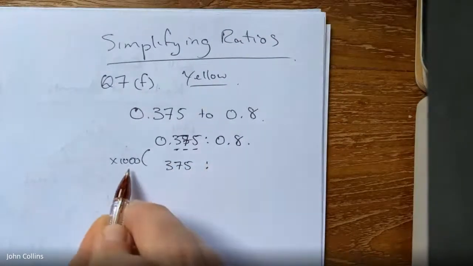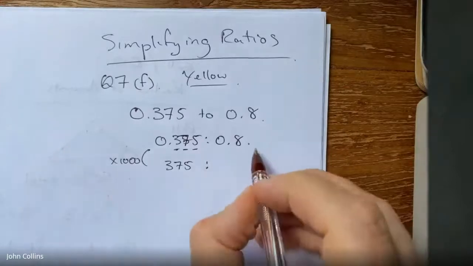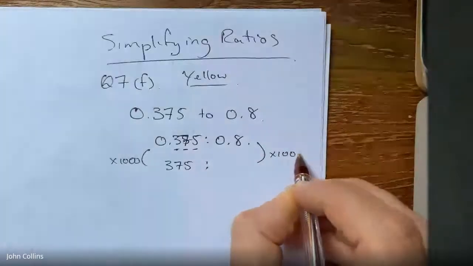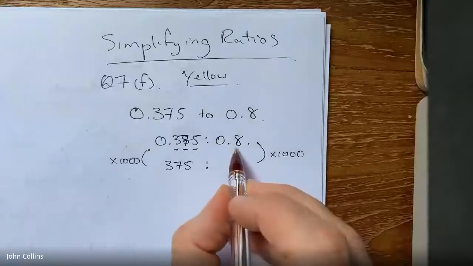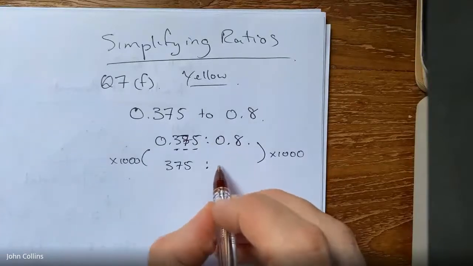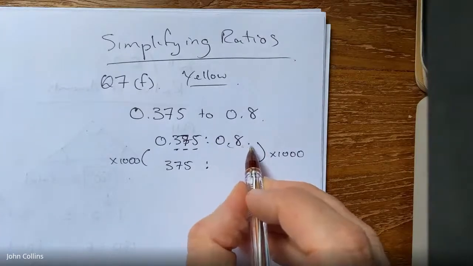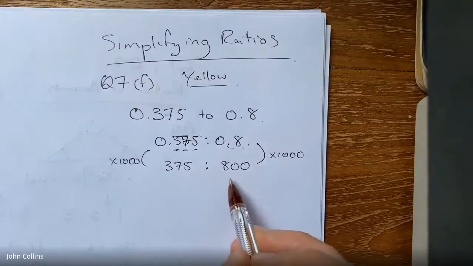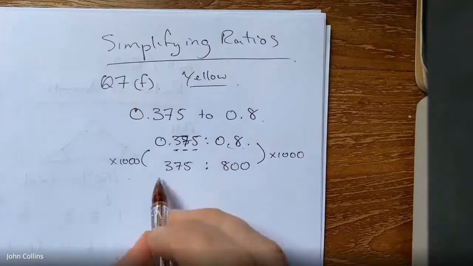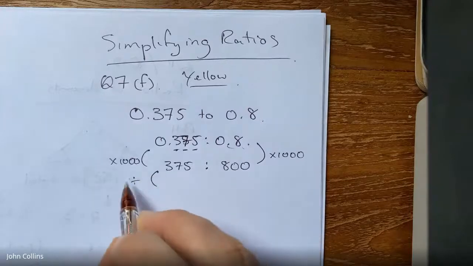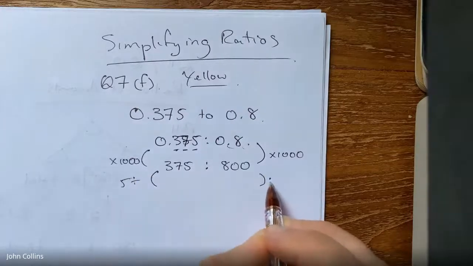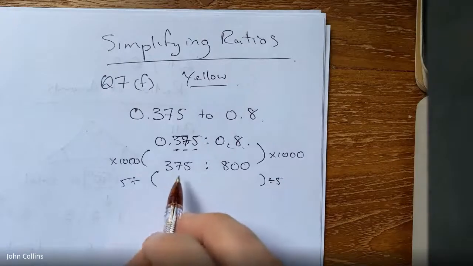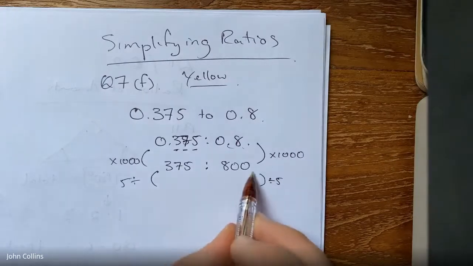Now, it's not okay that I multiply just one side of the ratio. I must multiply both sides of the ratio by 1,000. So 0.8 by 1,000 gives me 800. Now that's an easier starting point. So I'm going to divide by 5 and divide by 5. That's a definite one that goes into both of these because it ends in 5 and 0.